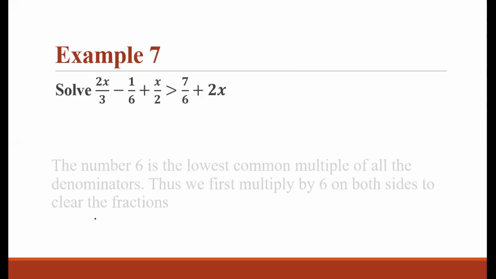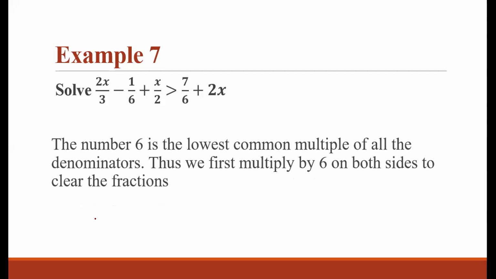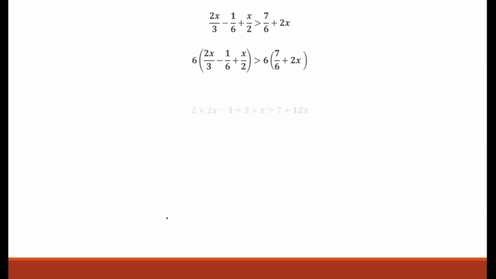The number 6 is the lowest common multiple, so it is the one we are going to multiply through by everywhere. I'm moving very fast because of time. So when you multiply through by 6, this is what happens. This 3 will cancel out with this 6.